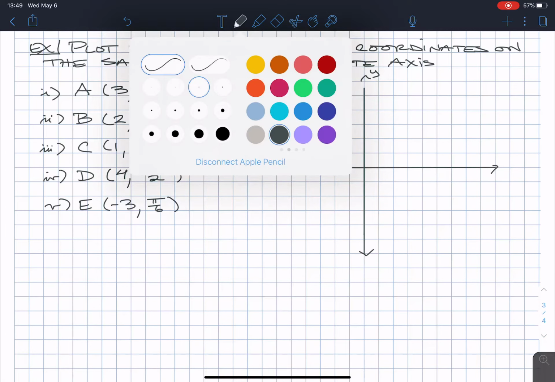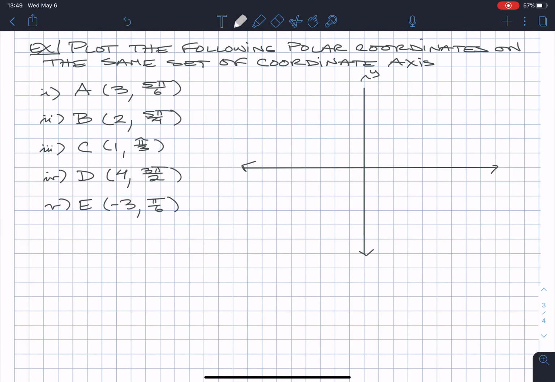Okay, so I'm going to have my first circle at a radius of 1. This is just for guiding. My second circle at a radius of 2. So this is the polar grid, much like we have our rectangular grid for the rectangular coordinate system.